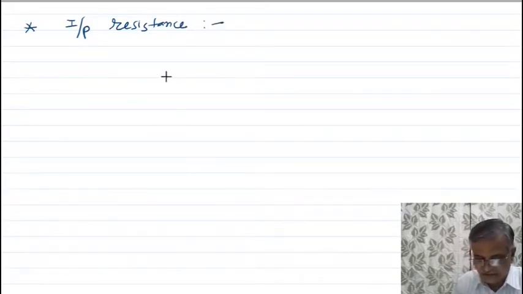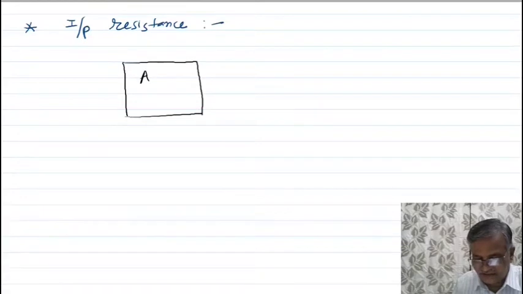See, this is the block diagram of a transistor amplifier with a voltage series negative feedback.